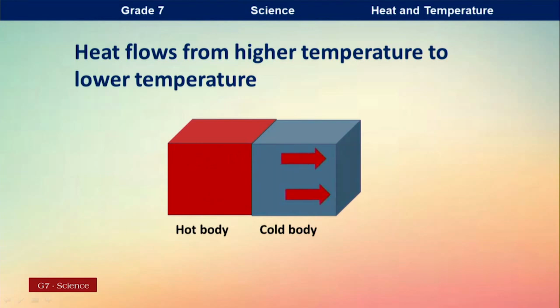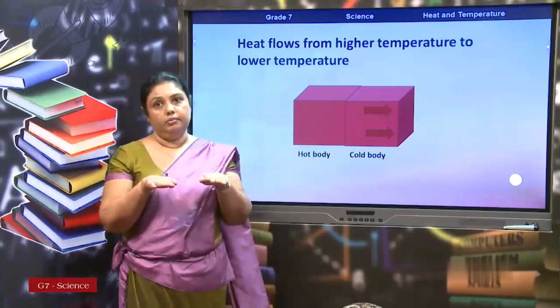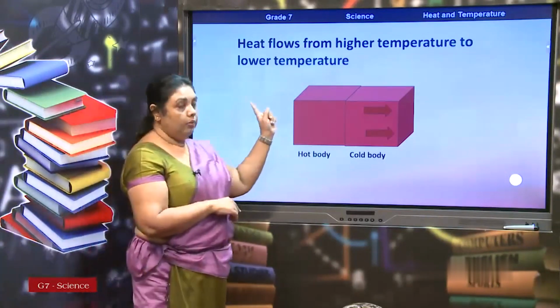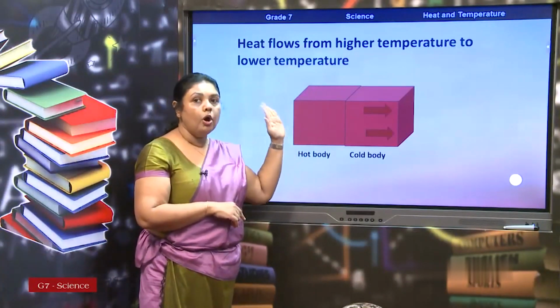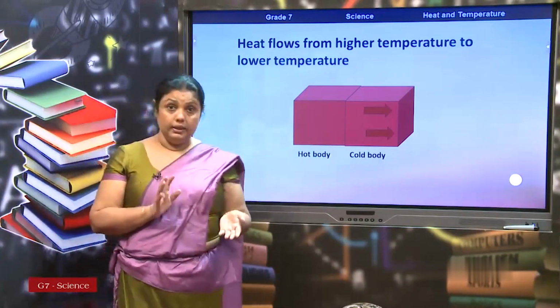When transferring energy, see what happened to the colors in these two blocks. Both became the same temperature. Till they become the same temperature, heat passes from the hot body to the cold body. That is what you need to learn.